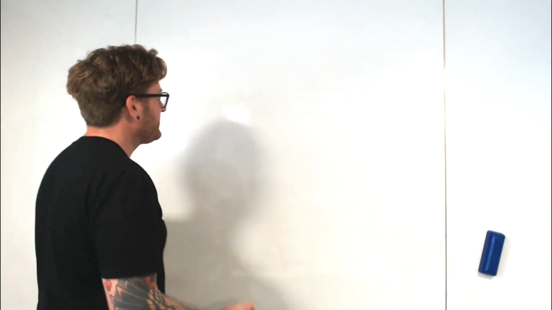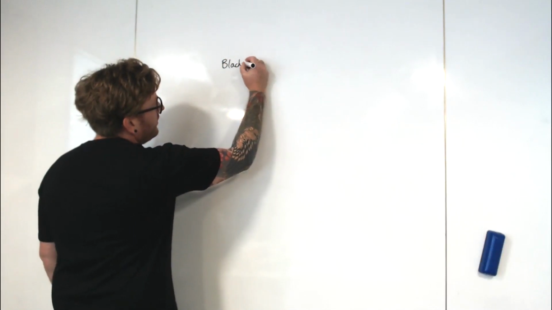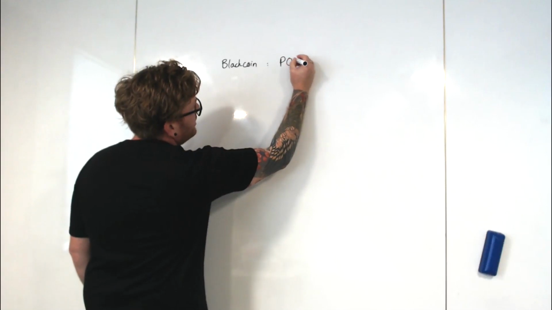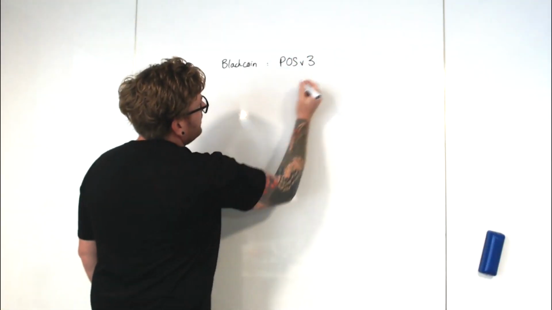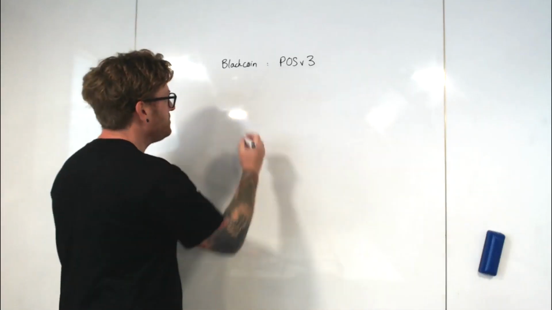And the simplest way to incentivize that is something which was sorted out by Blackcoin in their POSV3 spec. And that's what last lecture and this one has really been about.